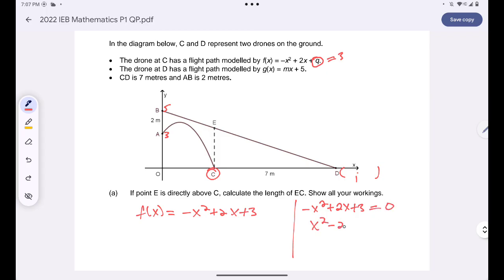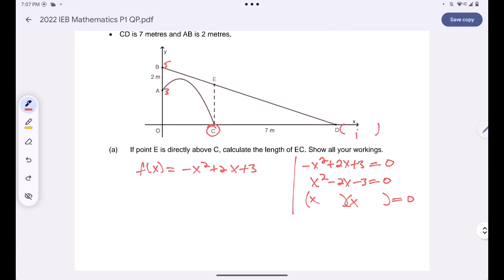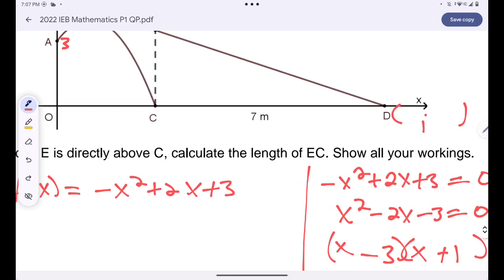Therefore, x squared minus 2x minus 3 is 0, which simply means I want the factors of 3 that when I subtract will give me 2. That's 3 and 1, minus and plus, then x is 3, or x is negative 1. So I now know that the coordinates at point C are 3 and 0.